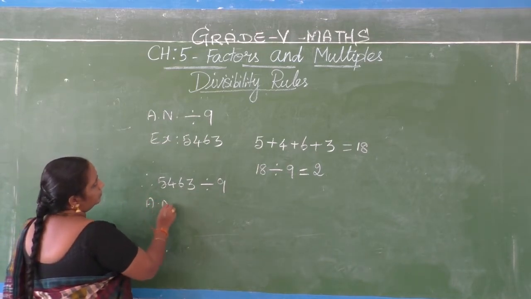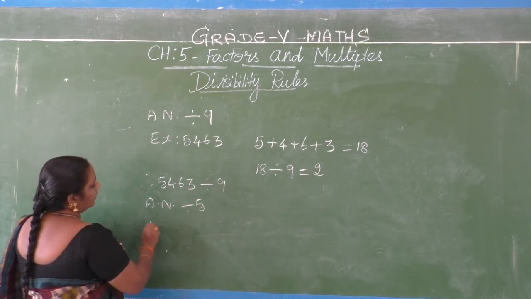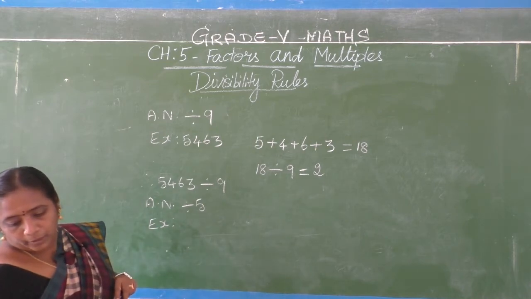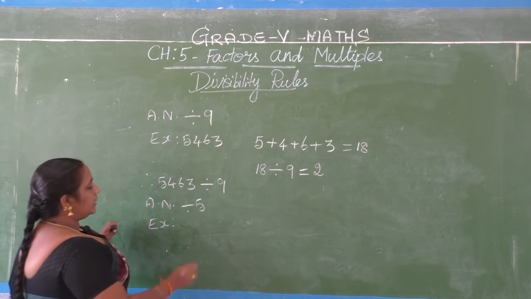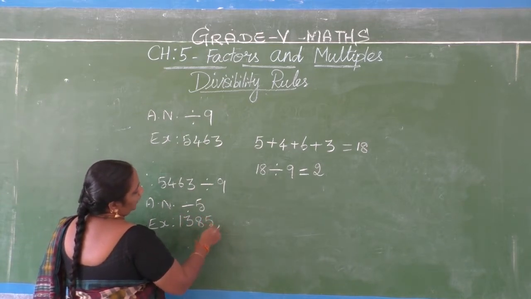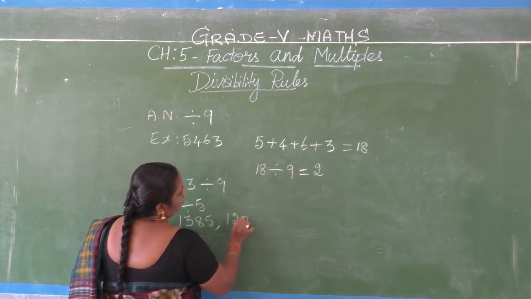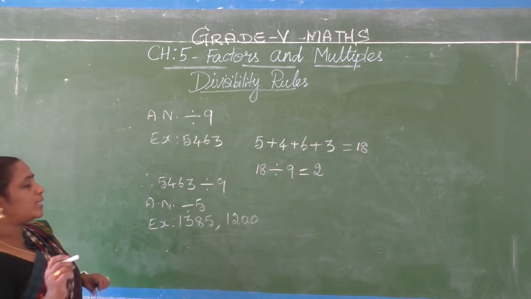Is any number divisible by 5 or not? How can we find it? For example, I will give you one number, 1835, and another number, 1200. What is the rule? You have to check the ones place only.